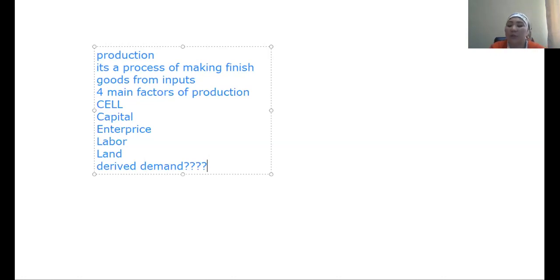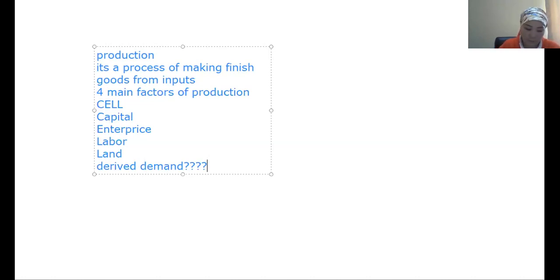The worker is labor and the machine is capital. The demand for these inputs is derived demand. I think it's clear.